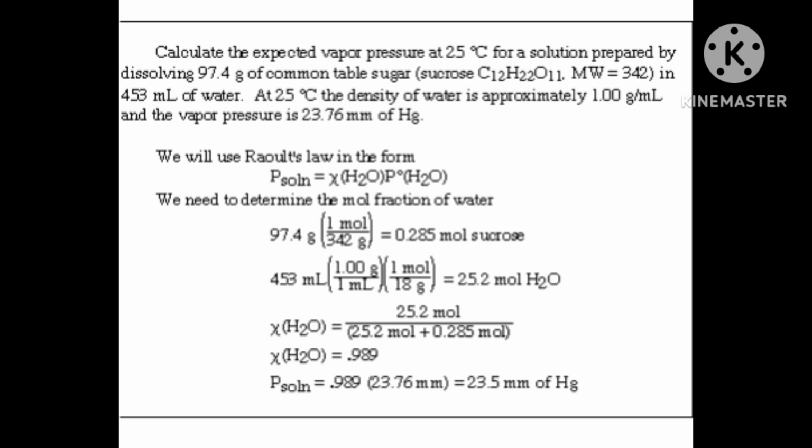You have calculated already, that is 0.688 mole fraction, 0.688, okay, into 415 they have given in the question. After multiplying you will get 285.5 mmHg. Now you have got the vapor pressure.